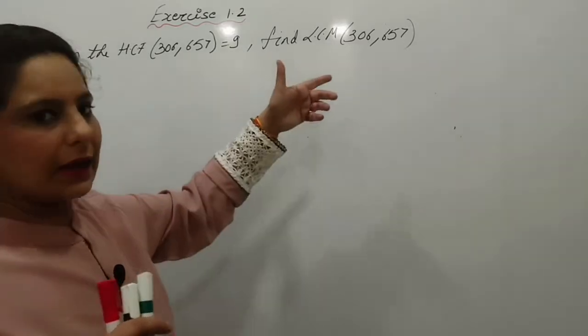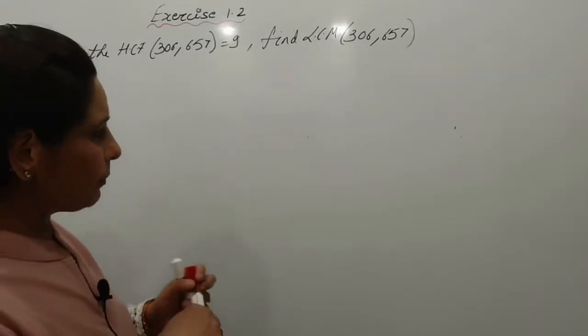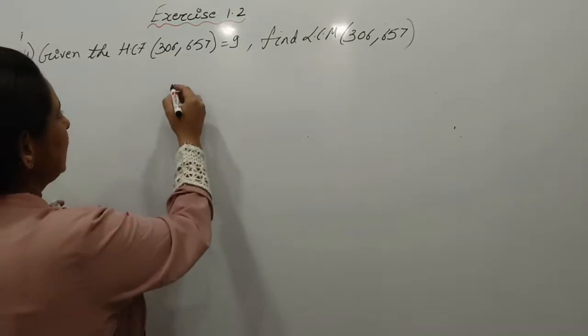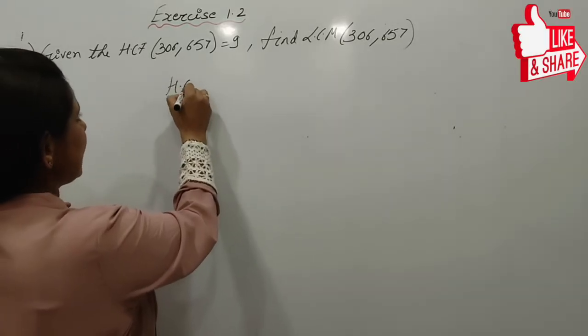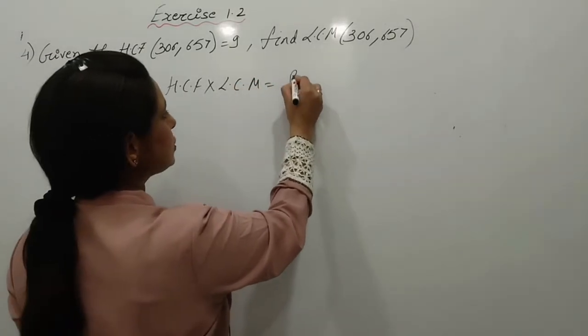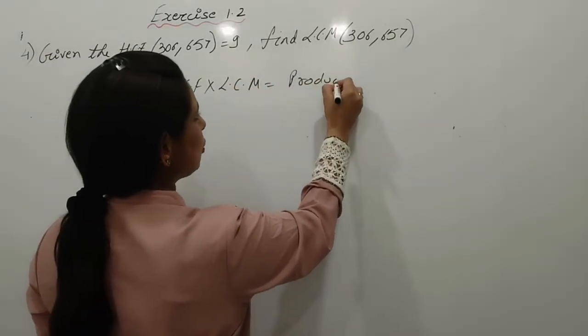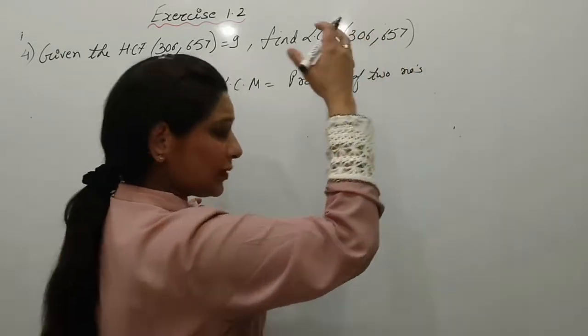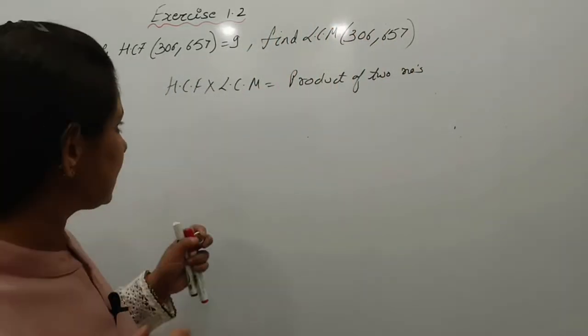HCF और हमें निकालना है LCM. तो हम अपना वही यूज करेंगे LHS and RHS में, that HCF into LCM is equal to product of two numbers. ये हमने अभी लास्ट क्वेश्चंस में वेरिफिकेशन के लिए यूज किया था.